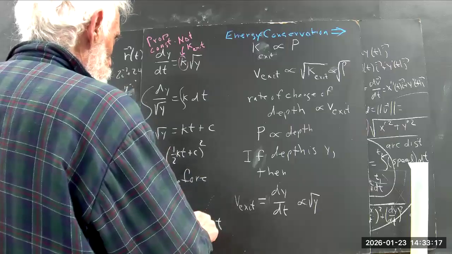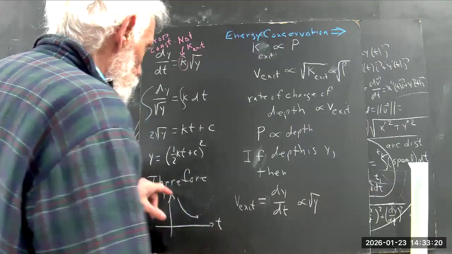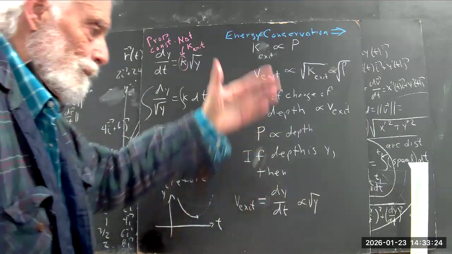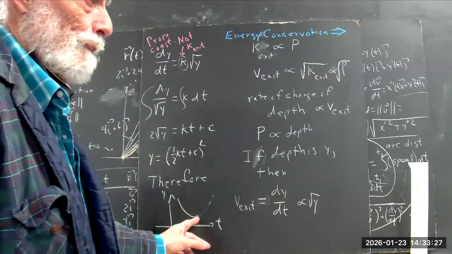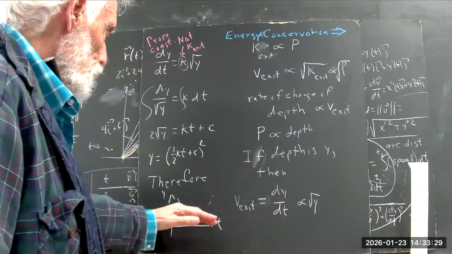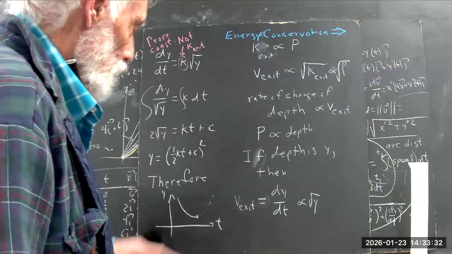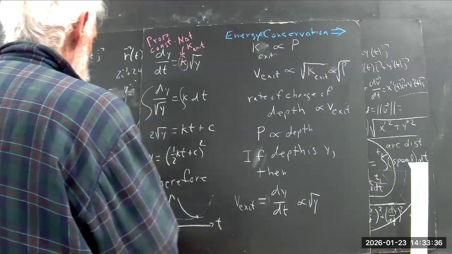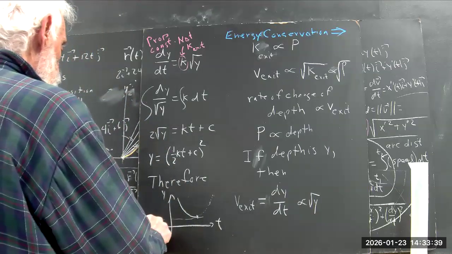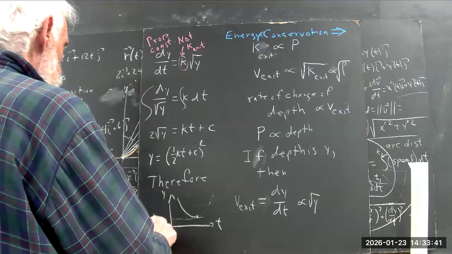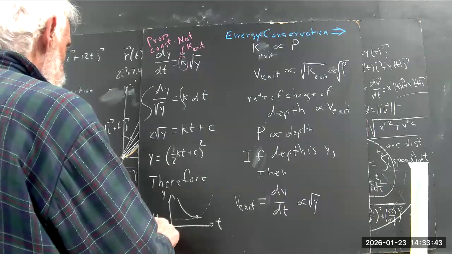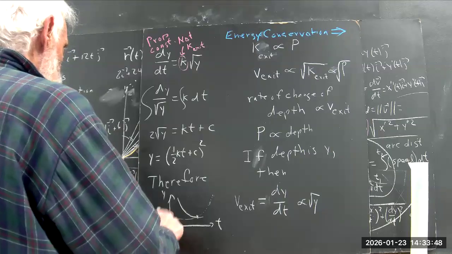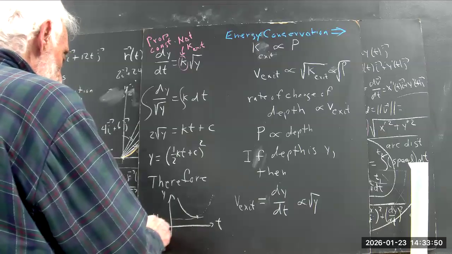Of course, the part that corresponds to the reality of the experiment ceases when you reach the lowest depth, in other words, when you reach the depth of the hole. So this line here would be y equals the hole position.